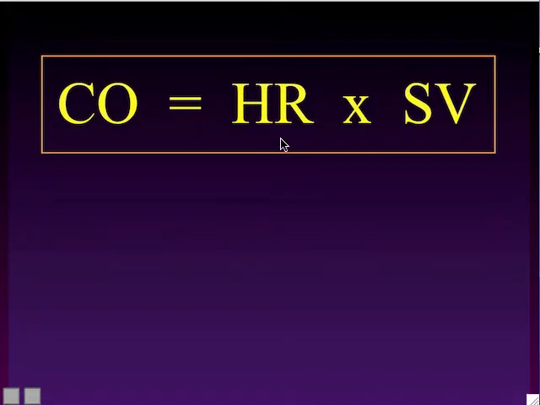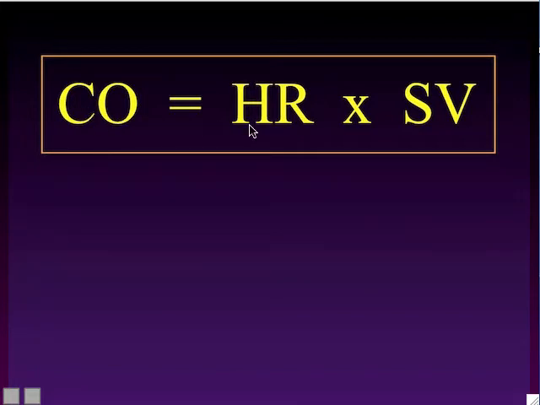Heart rate is beats per minute, and stroke volume is milliliters per beat. So if you multiply how many heartbeats they have per minute by how many milliliters of blood the heart expels per beat, that's going to give you how many milliliters the heart expels per minute, and that's what cardiac output is.